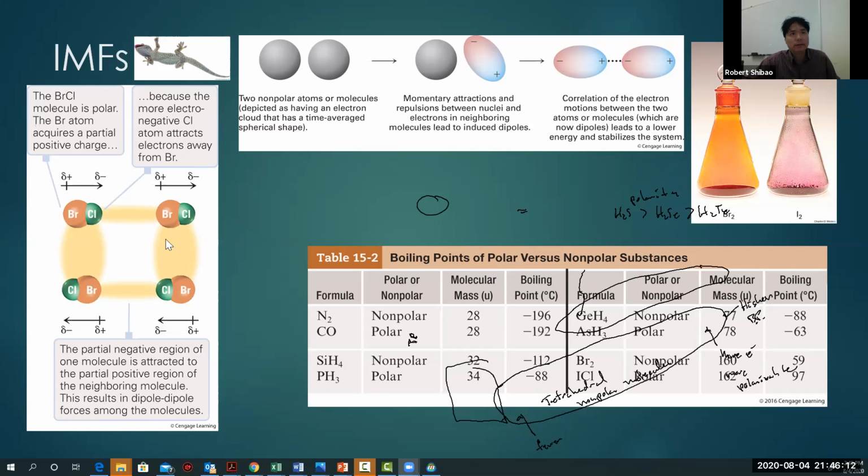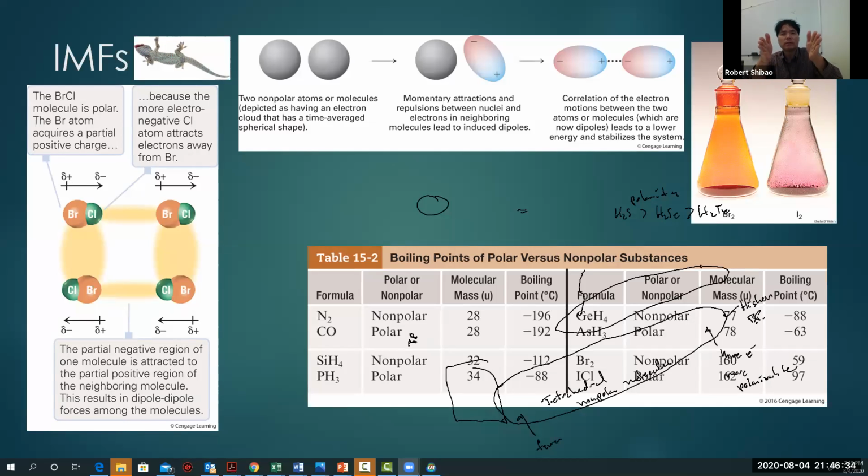And so this is the orange things, the dipole-dipole. That's what causes these molecules to stick together here. What causes these molecules to stick together are the van der Waals, or the dispersion forces. It turns out dispersion forces are present in everything. Even though this has a permanent dipole, it fluctuates.